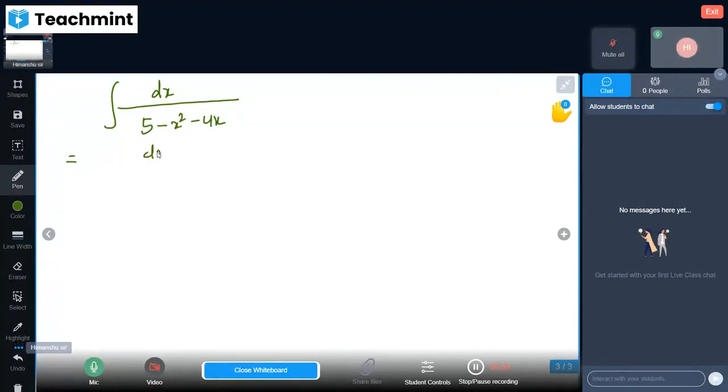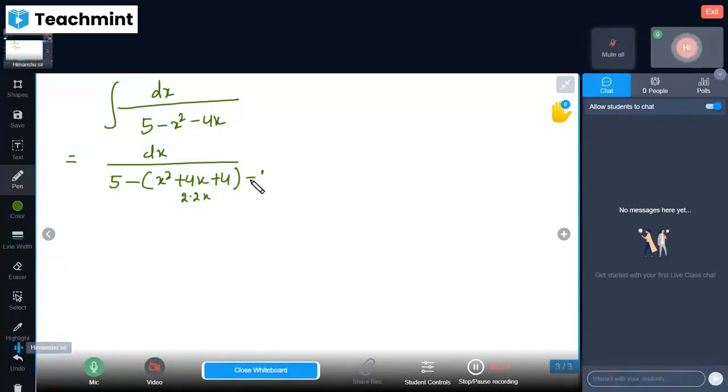So for that, let it be dx upon the square root of 5 minus, taking common, x square plus 4x. Now x square plus 4x, that means 2 into 2x. So x square is there, but 4 is missing. So let's add 4, and because by adding 4 we have to subtract it as well, let's subtract it from outside.